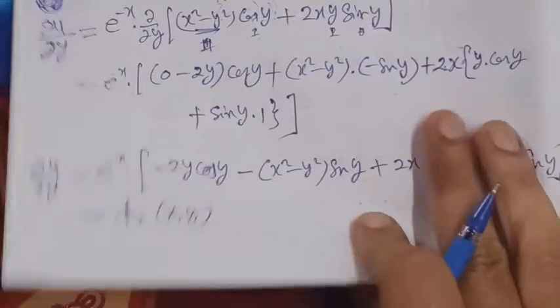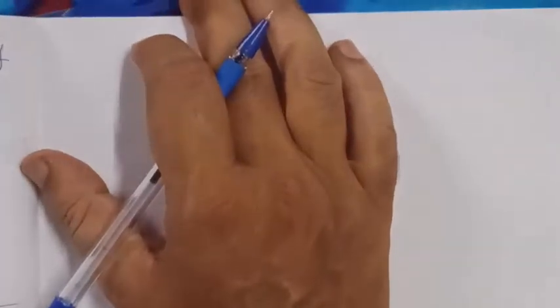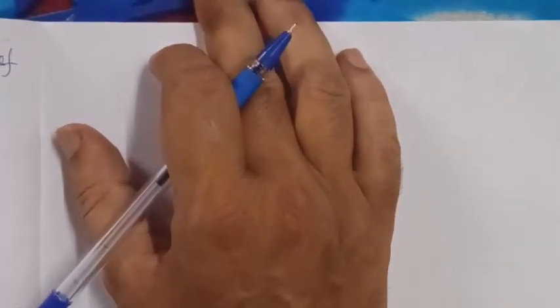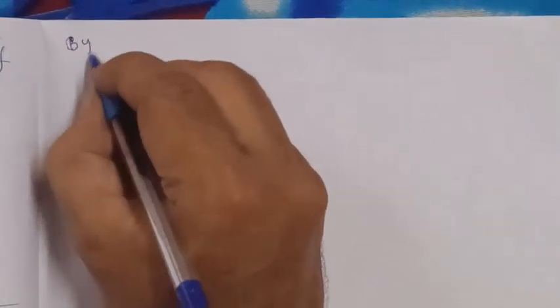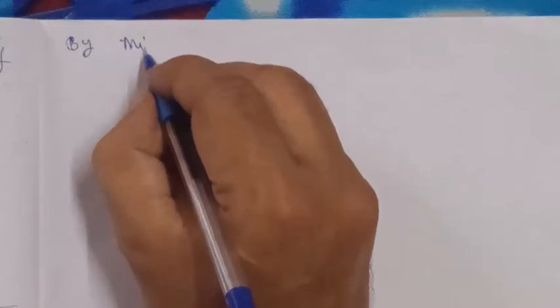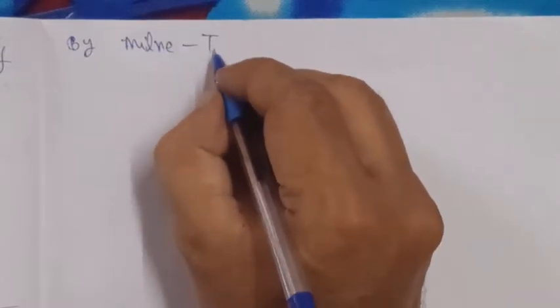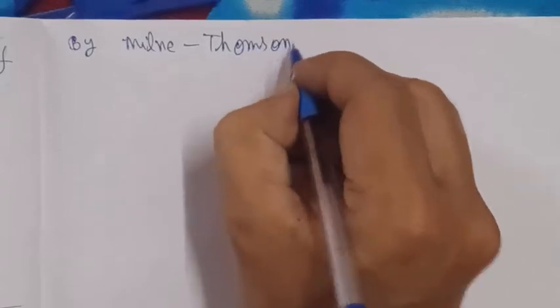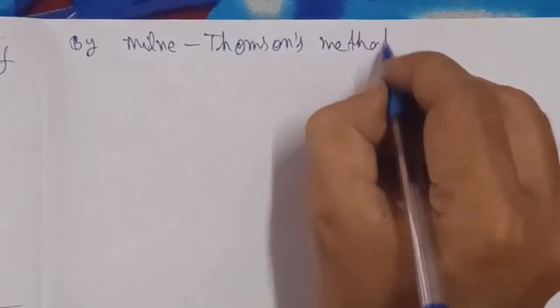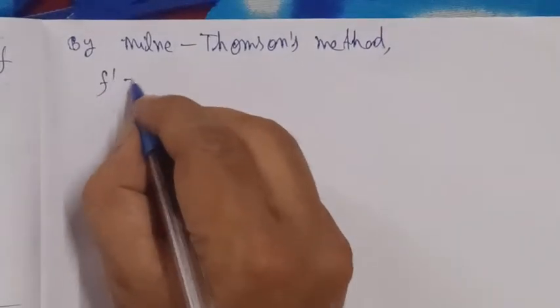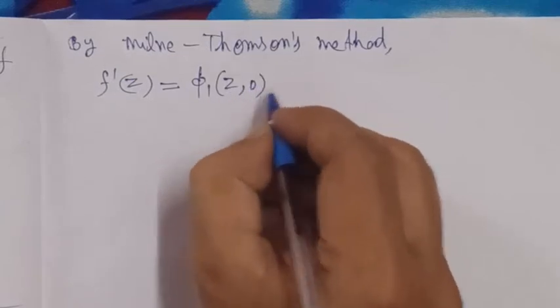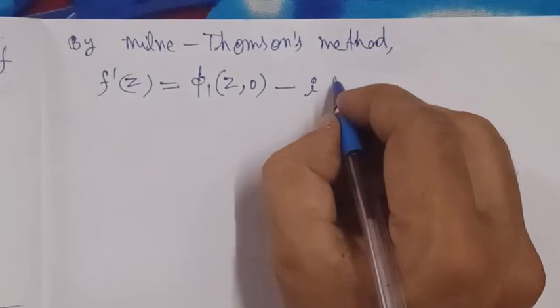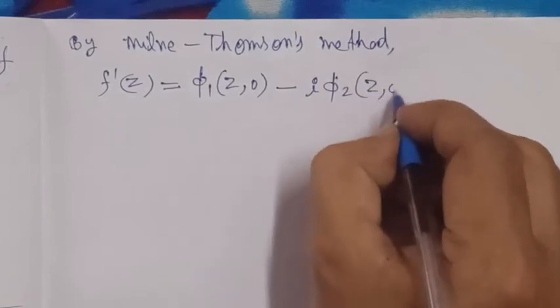We call this function φ2(x, y). Now we apply the Milne-Thomson method to find the analytic function f, where the real part of the analytic function we denote by u. We know that in Milne-Thomson's method, f'(z) is equal to φ1(z, 0) minus i φ2(z, 0).